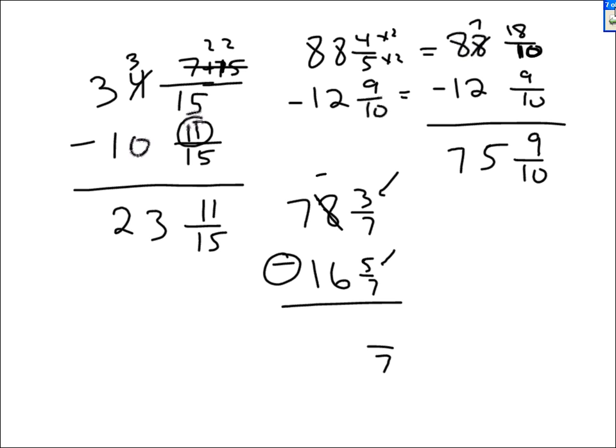So you borrow, and you add this number to the top. 3 plus 7 is 10. Okay, now we subtract the numerators. 10 minus 5 is 5. And 86 minus 16 is 70. And there is the answer. 70 and 5/7.